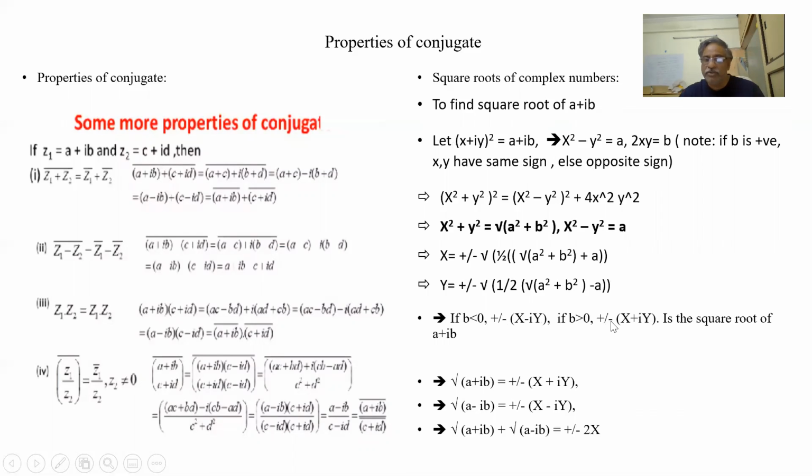A plus ib square root is x plus iy. So this has to be remembered. Because the slope is the same, y by x, y by x.